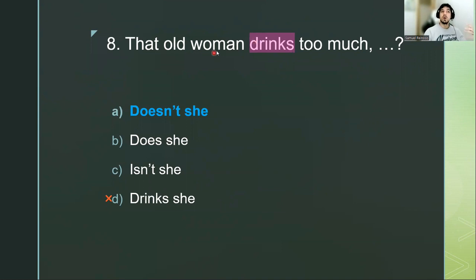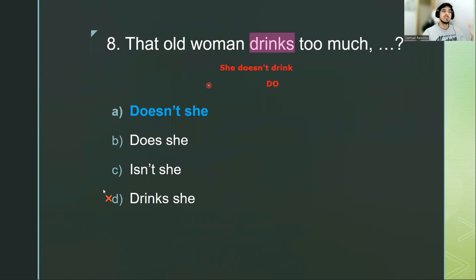Okay, so the old woman, she doesn't drink, right? She doesn't drink. So the auxiliary verb is do. Okay, in this case, does, because it's the third person. But it's not is. She is drinking too much. Oh, she is drinking. Continuous progressive is, verb to be. But here, drinks, simple present. In simple present, remember, do and does.